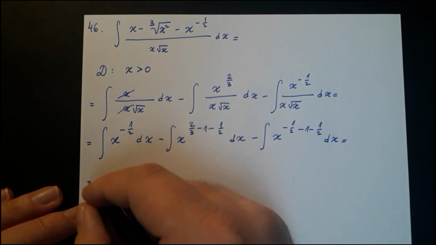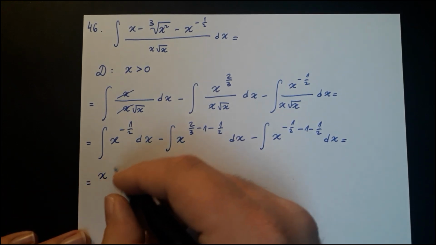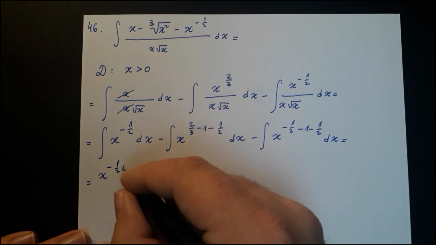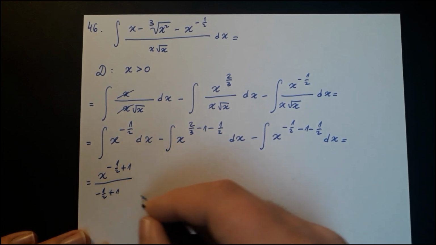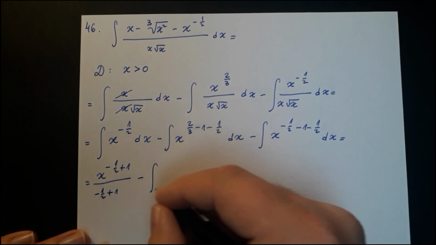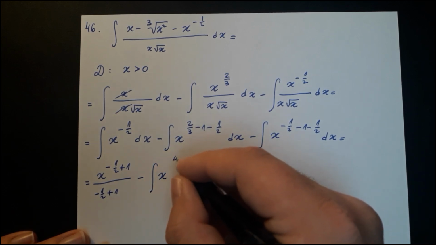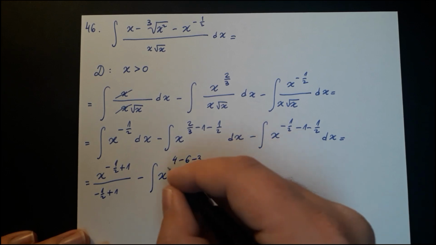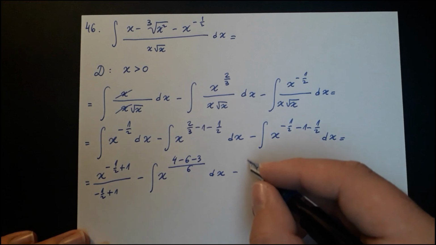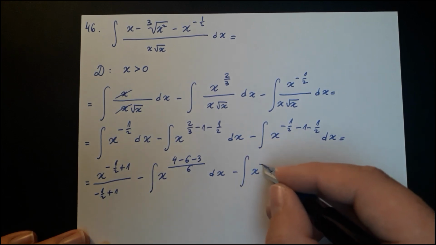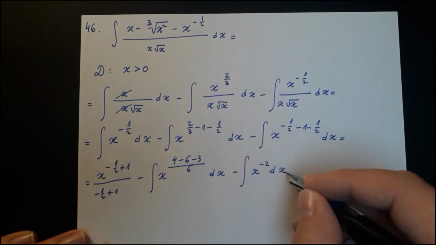This is then equal to x to the power negative 1/2 plus 1 divided by negative 1/2 plus 1 minus an integral of x to the power 4 minus 6 minus 3 divided by 6 dx minus an integral of x to the power negative 2 dx.